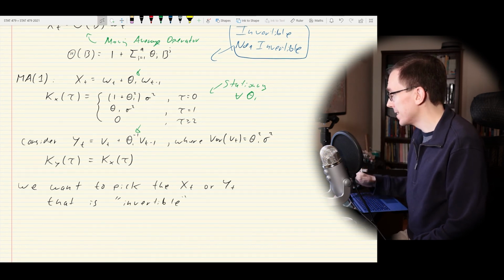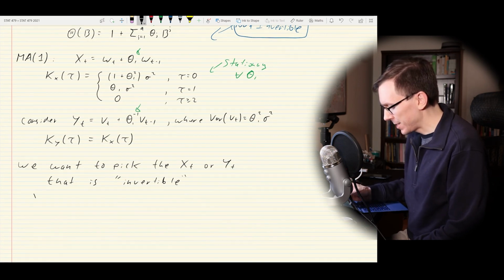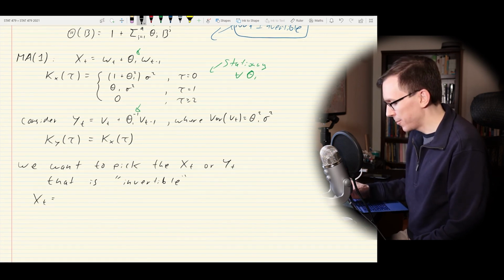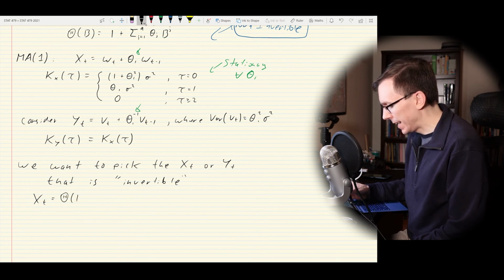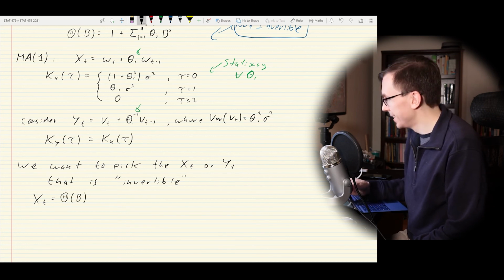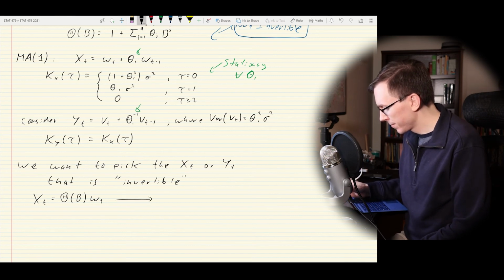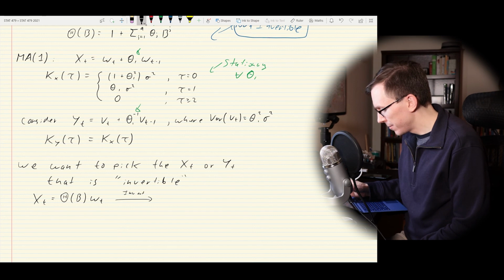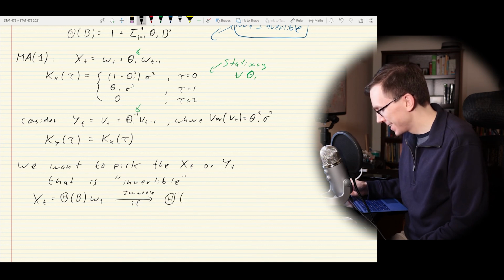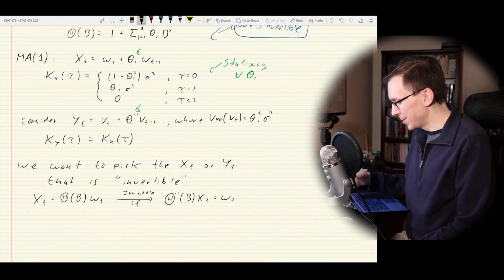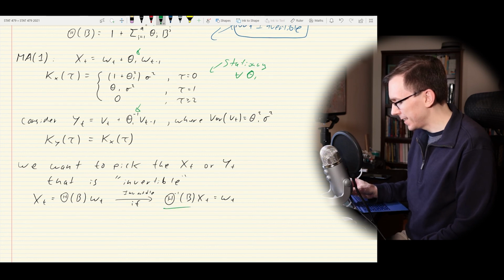And what I mean by that is that if we consider x_t, for the sake of writing one of them down, to be theta(B) applied to w_t, then we say that it is invertible if we can invert theta. And we get theta inverse(B) x_t equal to w_t. So the point is, it's invertible if my theta is invertible.